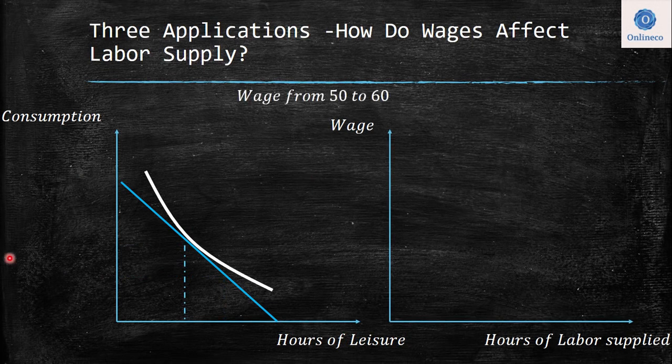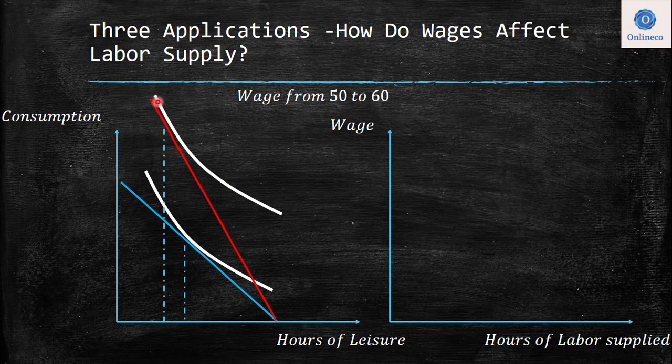And here we know that the wage changes from 50 to 60. This is kind of the price, right? So here we have the situation. Now, if you work exactly the same amount of hours, you will get this value. It will increase, right?